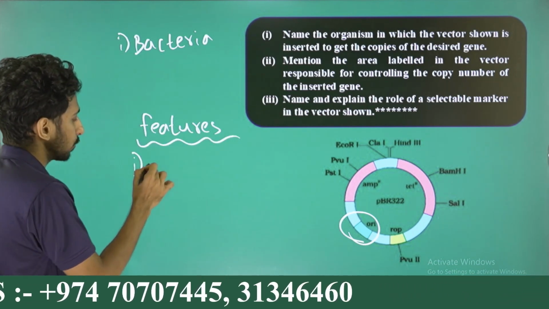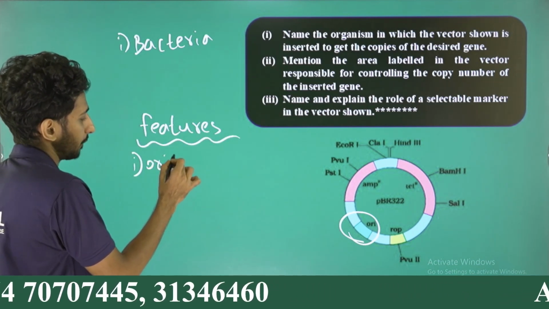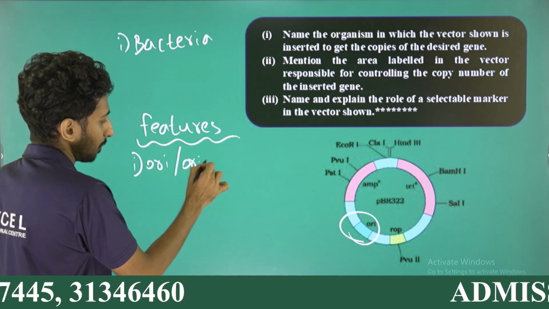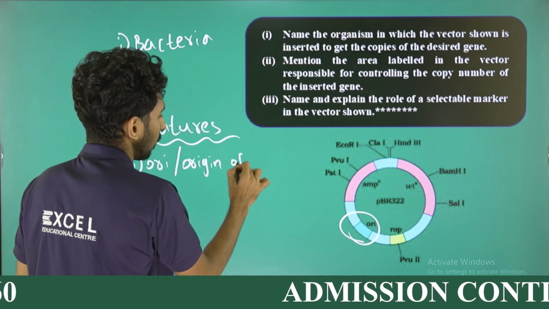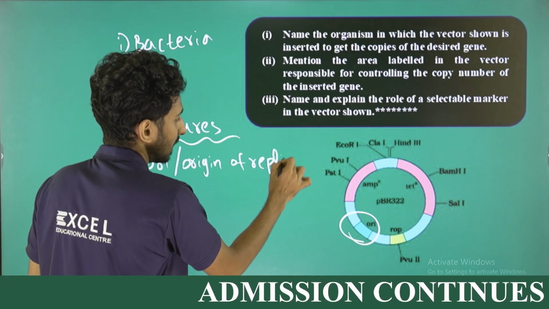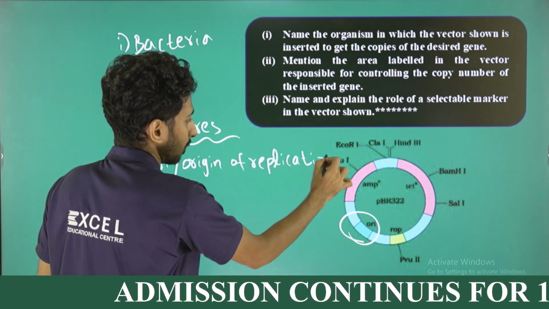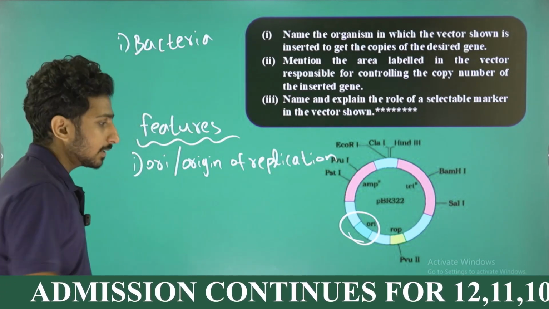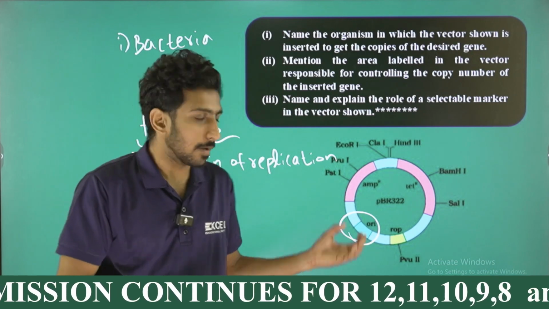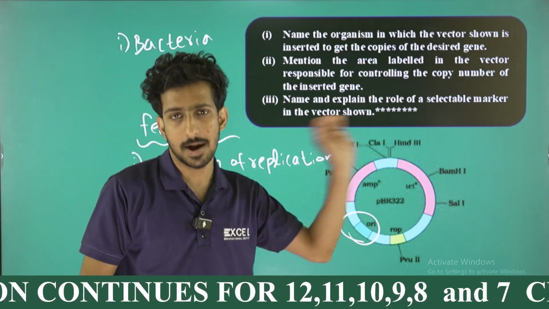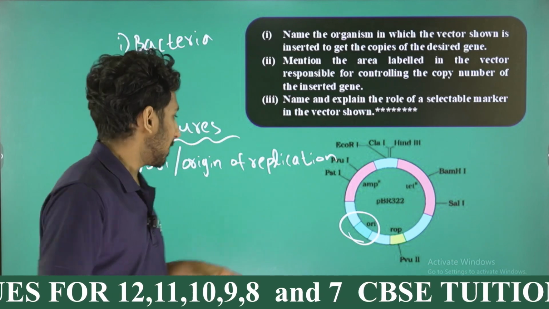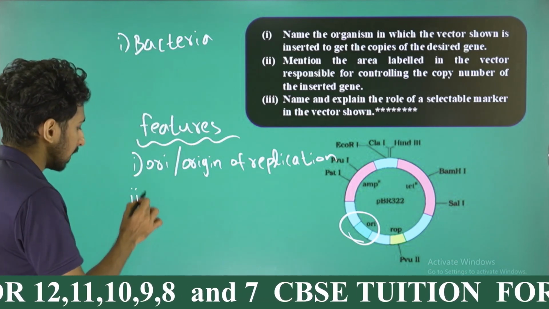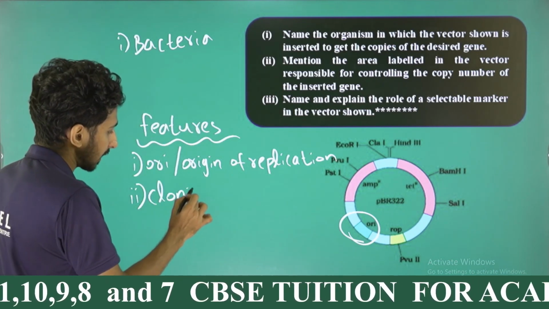First one, ORI site, or origin of replication. Okay, this ORI site is the site from where the replication starts, and ORI site controls the copy number. Okay, second one, cloning sites.